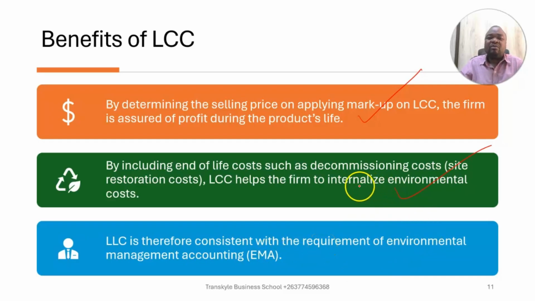So in short, when we have life cycle costing in our midst, we are meeting the requirements for environmental management accounting, or the principles enshrined therein.